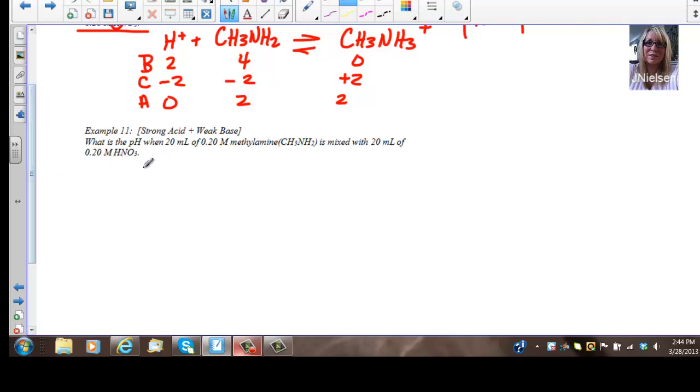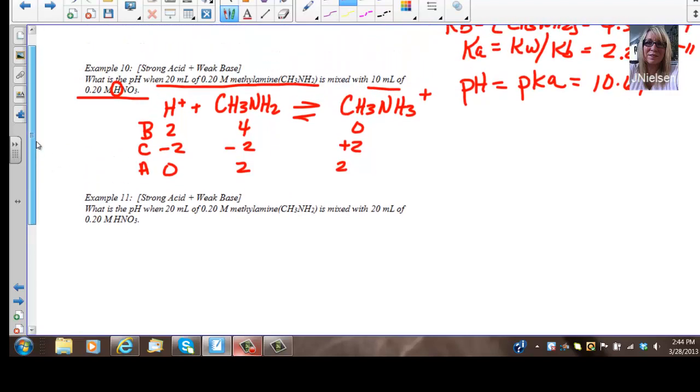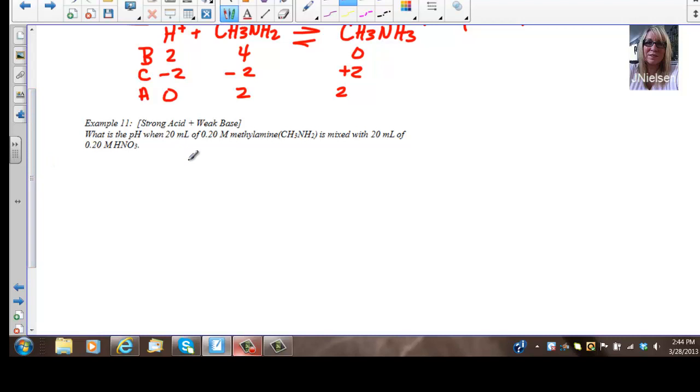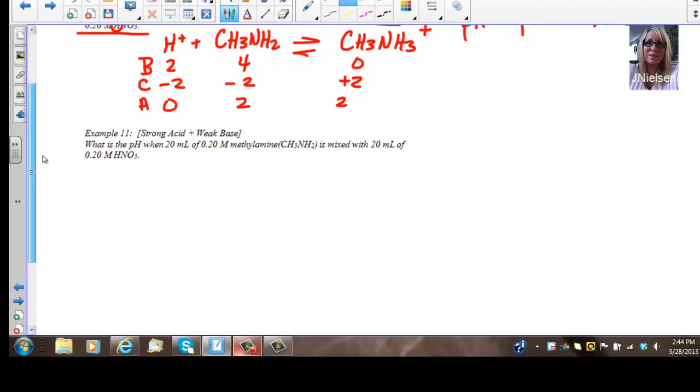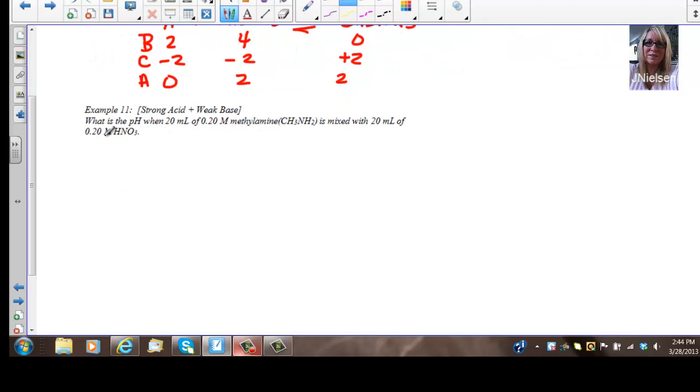Strong acid, weak base. Didn't we just do that? Oh, we did. Yeah, we just did a strong acid, weak base. So this is a different one. Here again, let's see. We've got the strong acid. We're interested in the H, so this is going to be H plus the methylamine, CH3NH2, and that's going to form CH3NH3 plus.